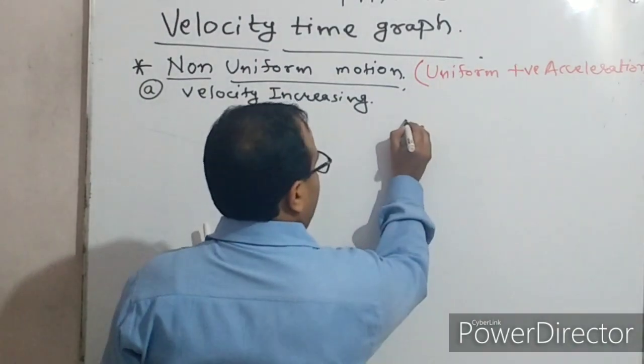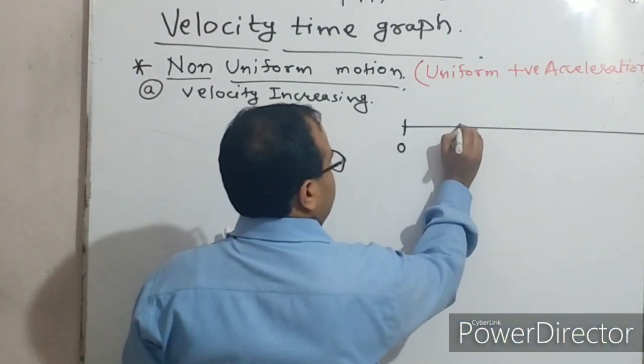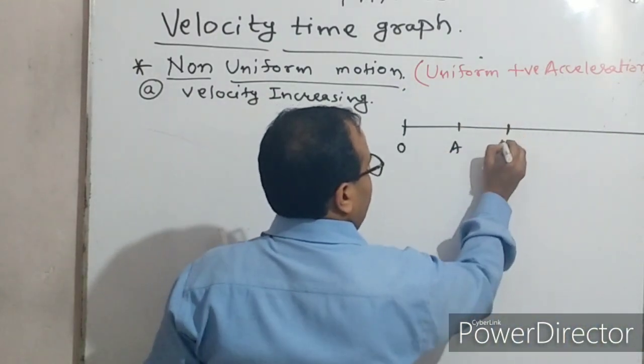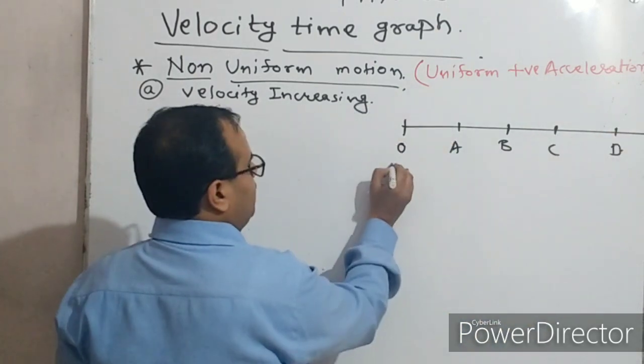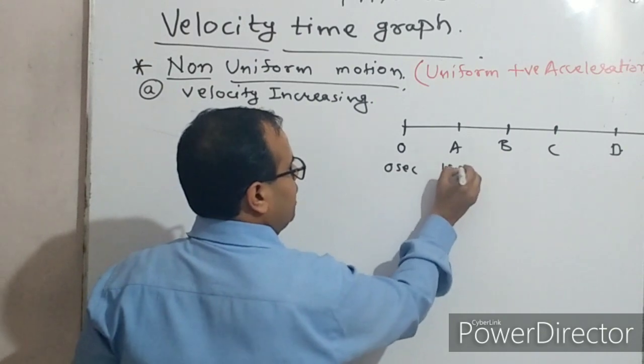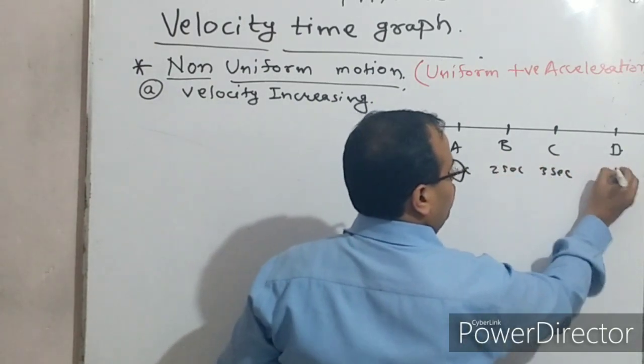Suppose that it starts from this point O and goes like this. Say this is A, B, C, D, and the times are 0 second, 1 second, 2 seconds, 3 seconds, 4 seconds, and so on.